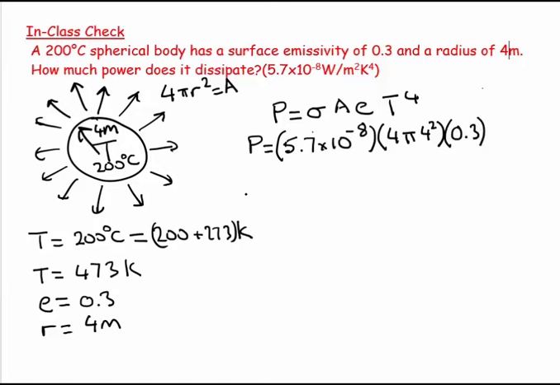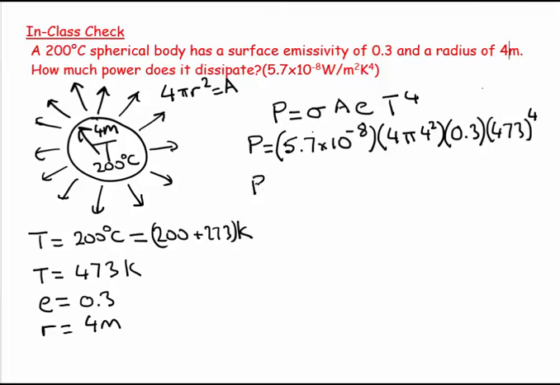And then I have my T to the fourth, which is 473 raised to the power of 4. 473 because, of course, it's 200 degrees C plus the conversion to get it down to Kelvin. 0 degrees C is 273 Kelvin, etc.